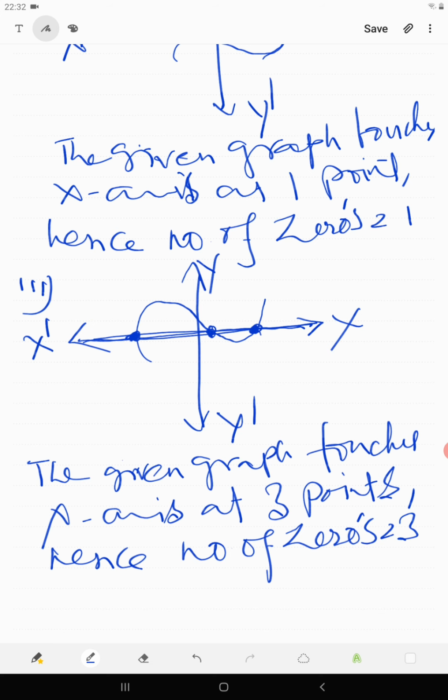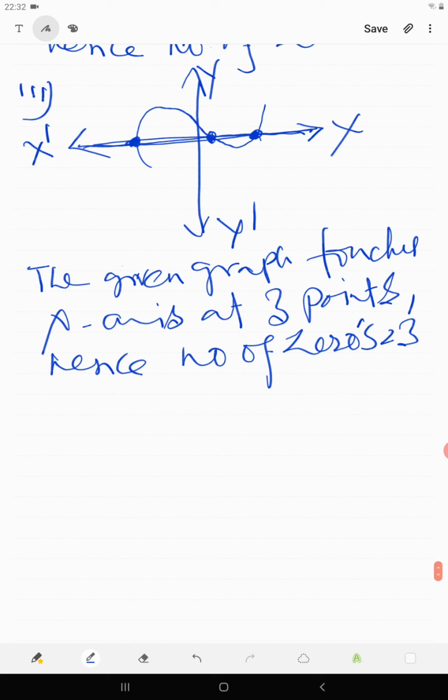So for the given polynomial, the number of zeros will be 3. Then next, the fourth one is like this.